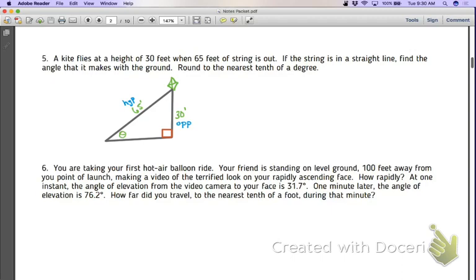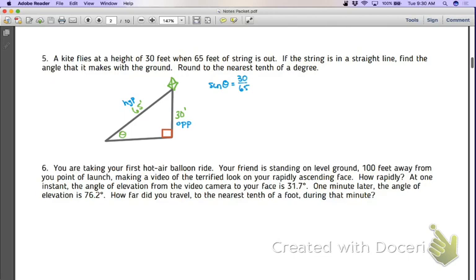Which one is using opposite and hypotenuse? Sine, cosine, or tangent? Sine. So it's going to be sine of theta is equal to 30 over 65.